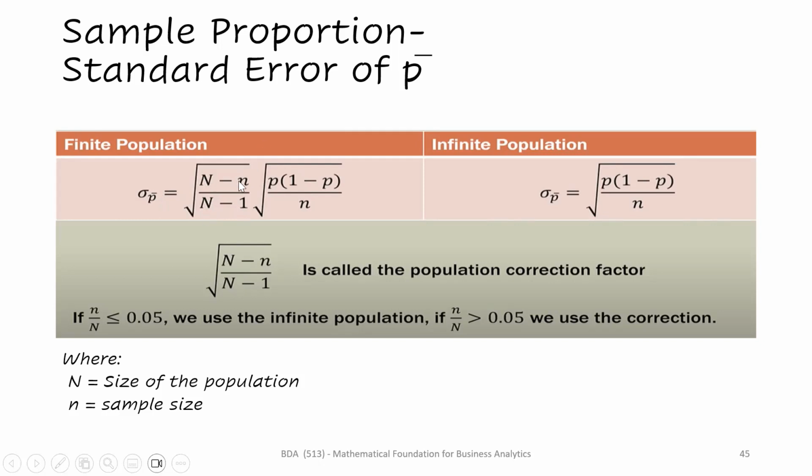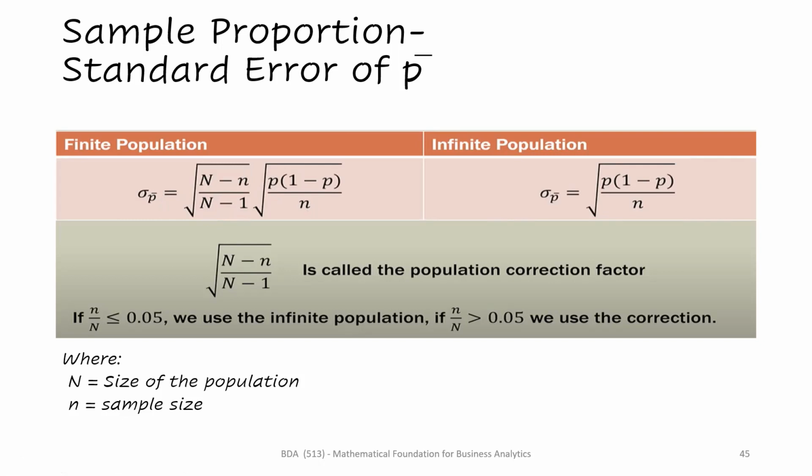You find the square root, and then you multiply that by the proportion of what we are interested in, p, multiplied by the one that we are not interested in, 1 minus p, all over the sample size, n.